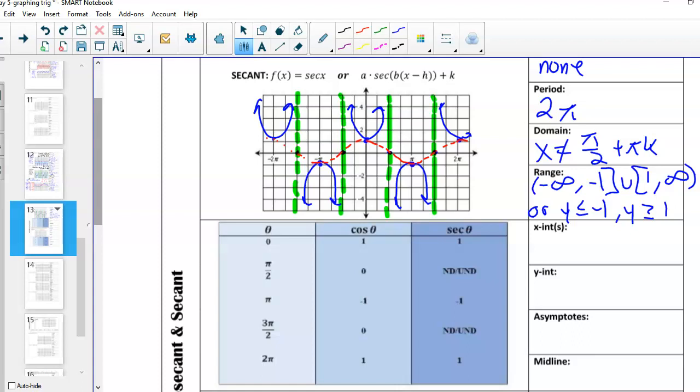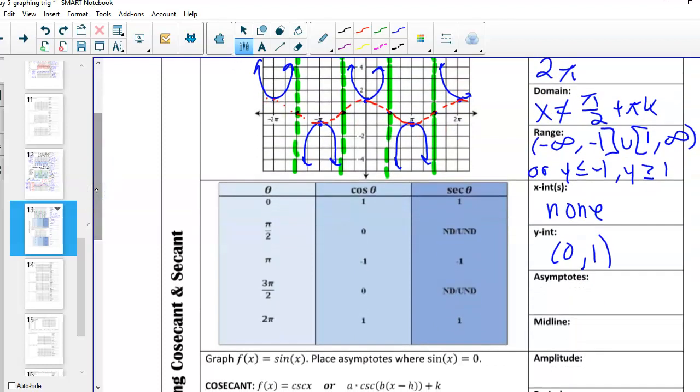Because it doesn't go around our x-axis, it won't have x-intercepts. This one has a y-intercept at 0, 1. Our asymptotes match our domain. And we don't have a midline. So you could do secant just like you do any of the others.